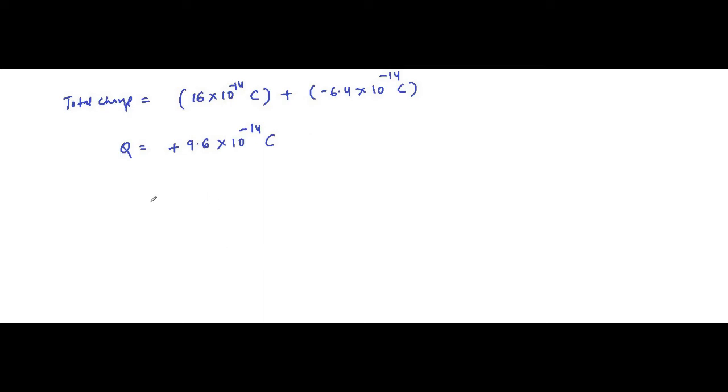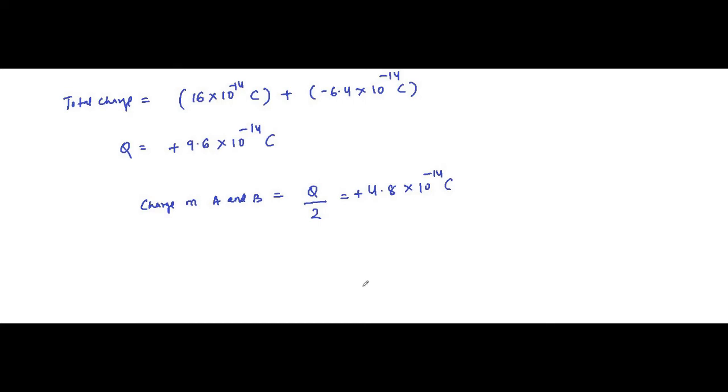So the charge on each sphere A and B after they are connected by the thin wire is equal to Q by 2, which is equal to 4.8 into 10 to the power minus 14 coulomb, plus 4.8 into 10 to the power minus 14 coulomb. Why? Because for identical charges, the charge is shared equally when they are connected.